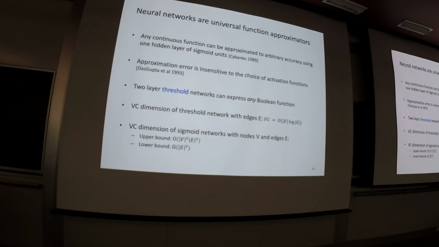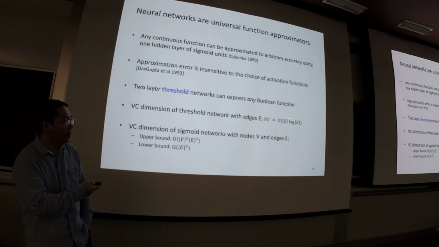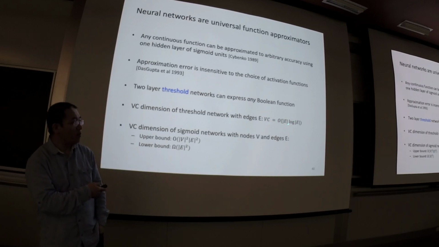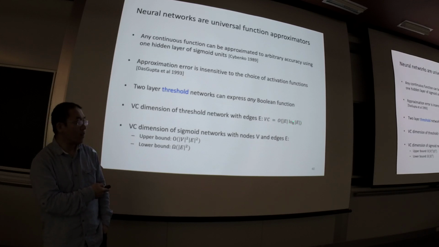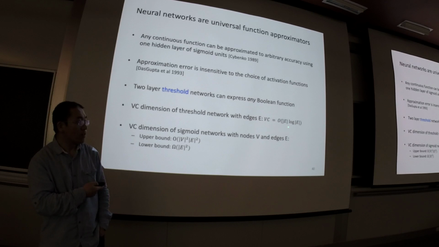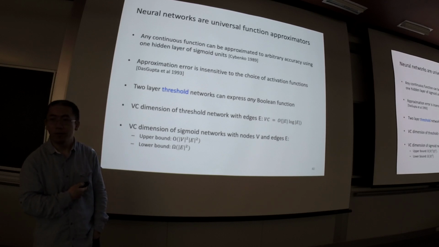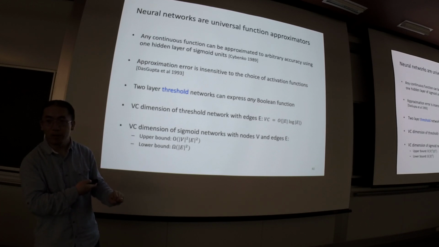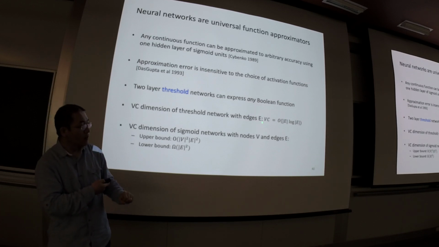And here is the VC dimension of a neural network. If your neural network is just a thresholding neural network, just stacking linear classifiers together, the VC dimension is proportional to the number of edges in the network multiplied by the logarithm of the number of edges. So you can see that the flexibility of neural networks depends on the structure.